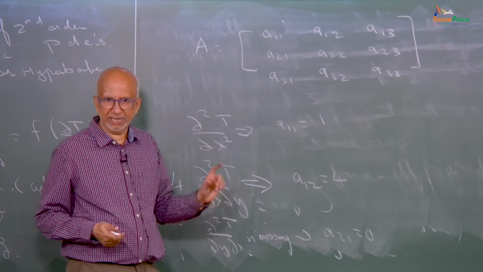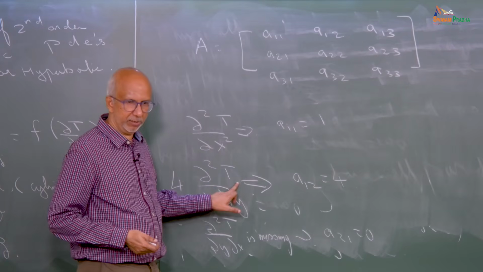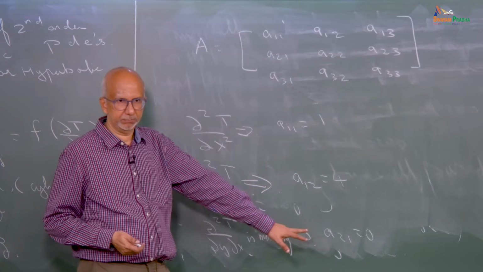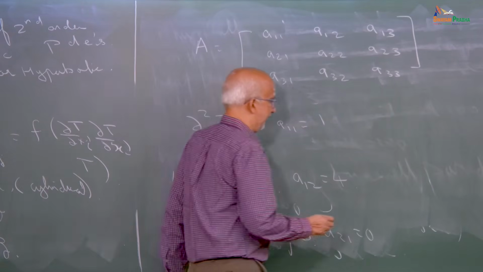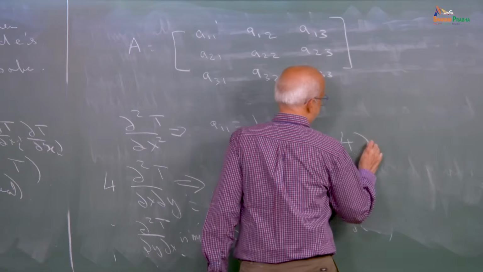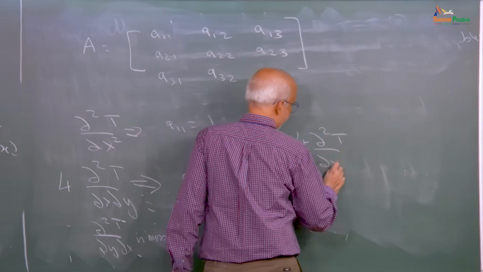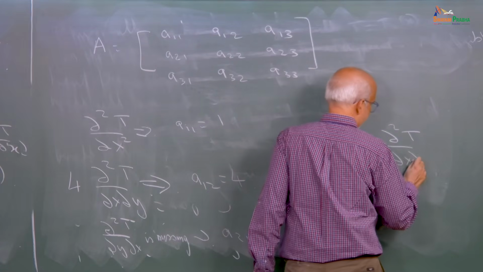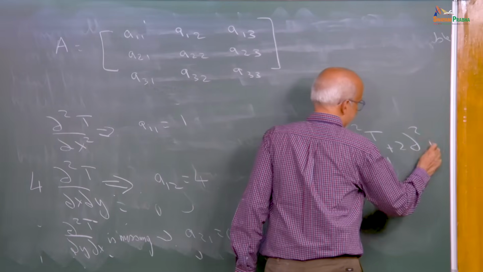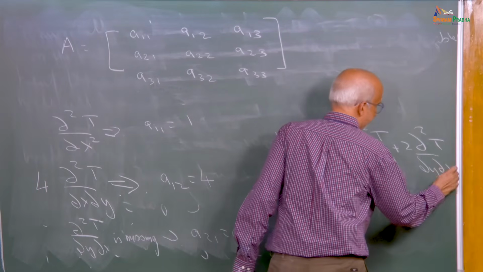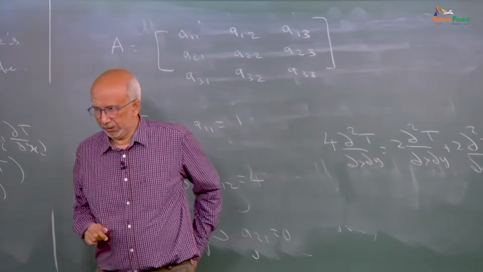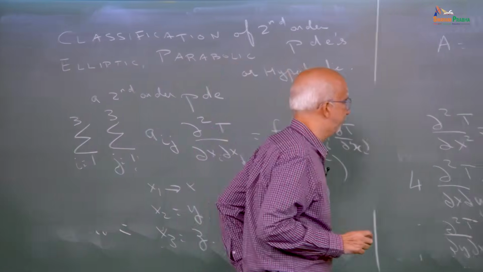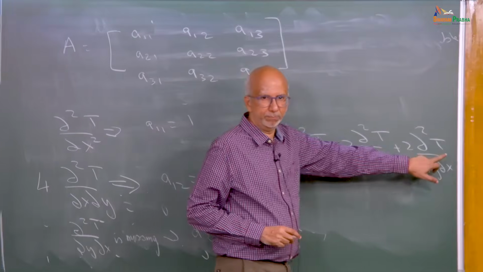So, I can write 4 times d square T by dx dy as 2 times d square T by dx dy plus 2 times d square T by dy dx, because the two are equal. So, now I have A12 equal to A21.